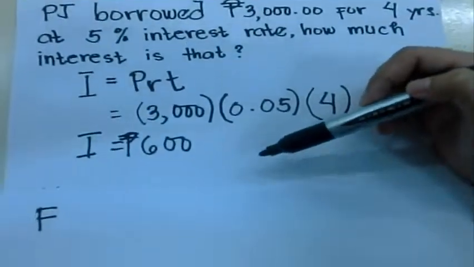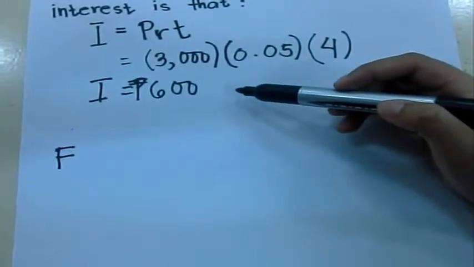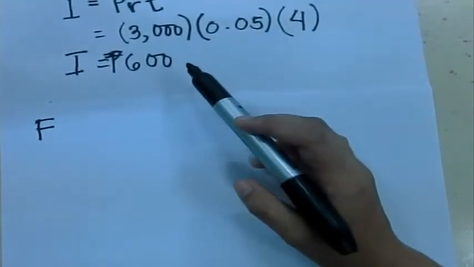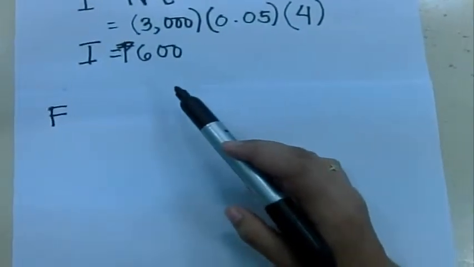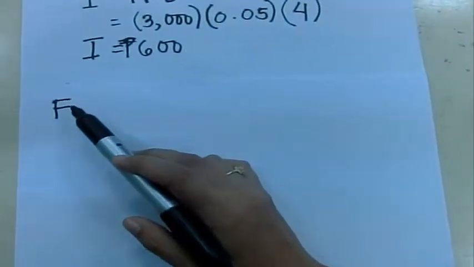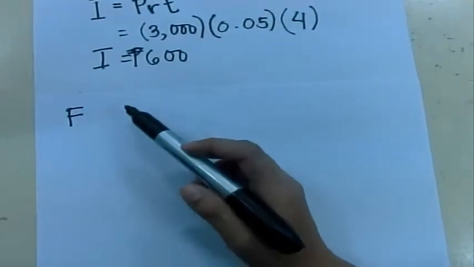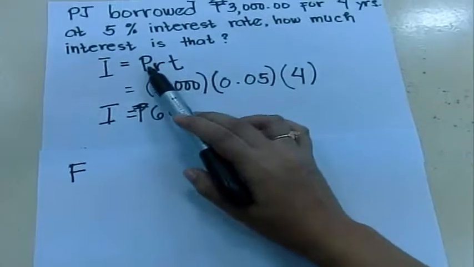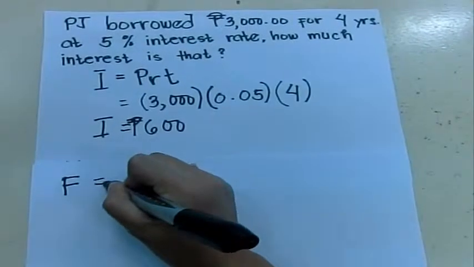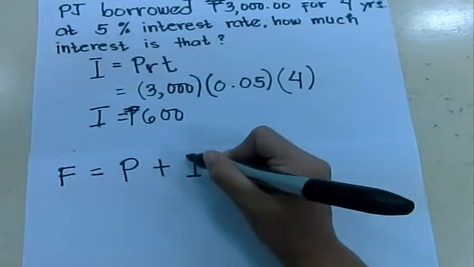Now we found out that the interest that PJ will pay after 4 years is 600 pesos. In finding the maturity value, or the accumulated value or the final value denoted by F, that PJ will pay all in all, you just get the sum of the principal plus the interest. Thus, F is equal to the principal plus the interest.